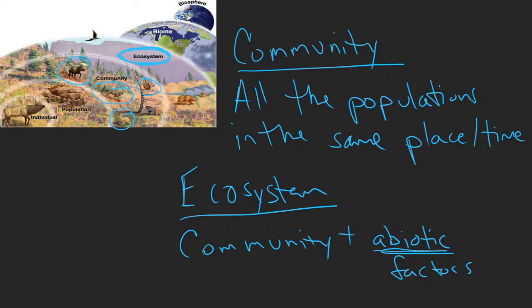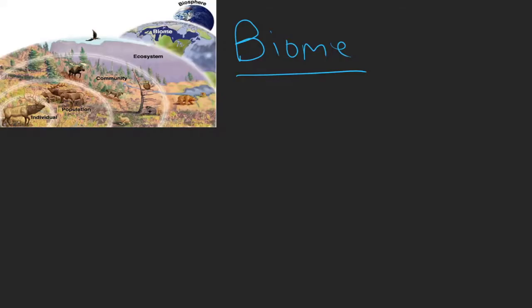Now, oftentimes people get a little bit confused between ecosystem and what we call a biome. And the reason for that is, well, they're kind of similar, but the biome is the larger one. And so a biome is actually a collection of many ecosystems. It is a similar climate and similar types of organisms.